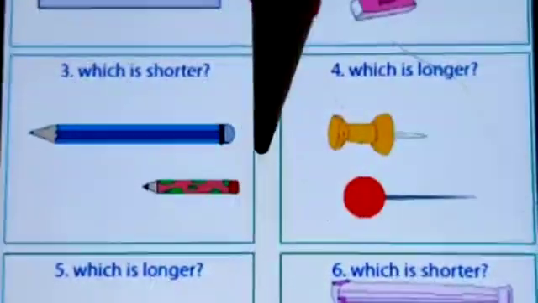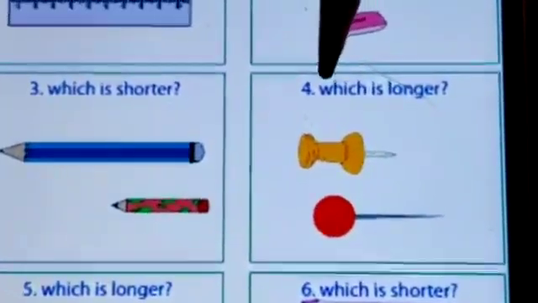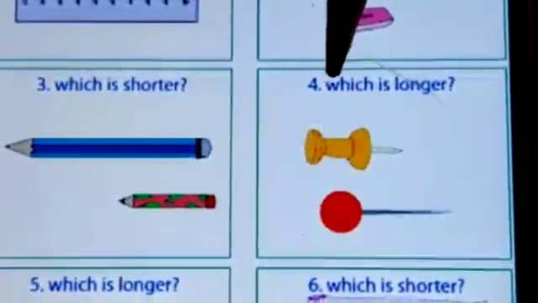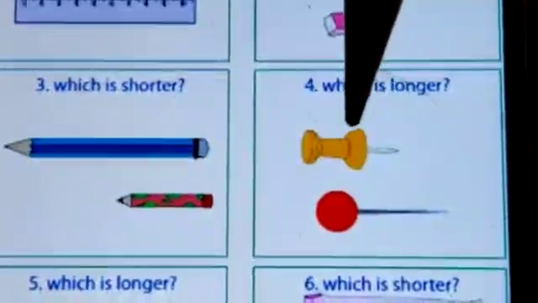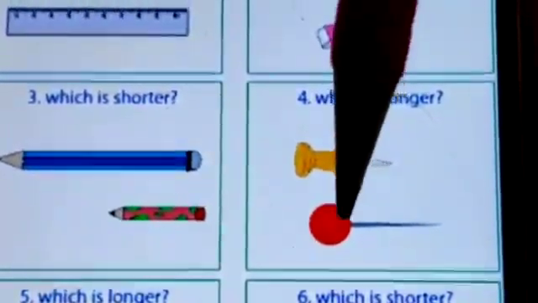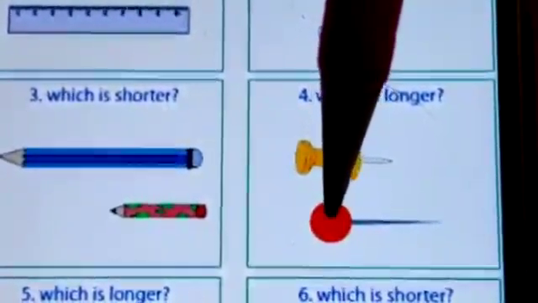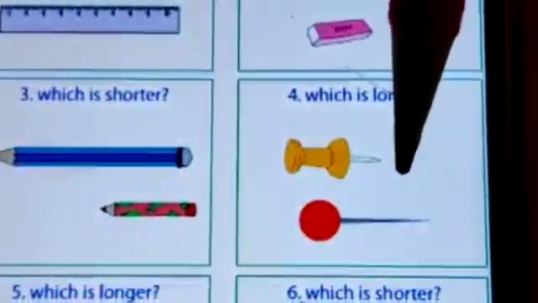So we will put a tick mark on this. Good job. Now what is the question? Which is longer? From these two pins, which one is longer? Yes, this one is longer. So we will put a tick mark on this.